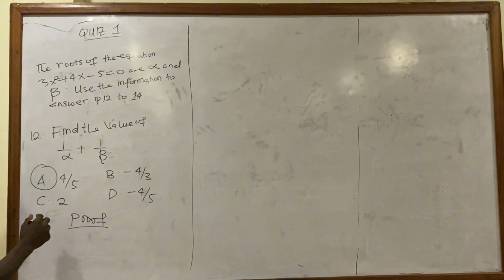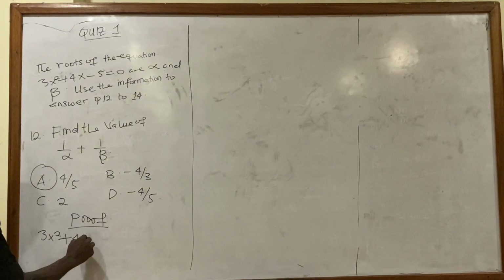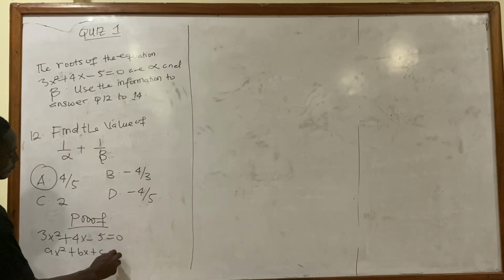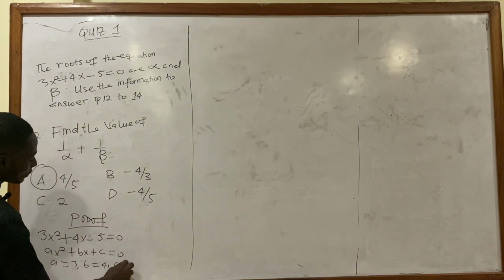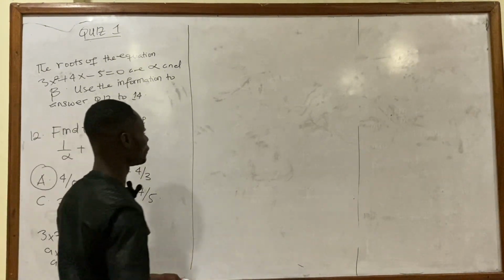So we were given a quadratic equation 3x squared plus 4x minus 5 equals 0. We compare this to the general quadratic equation ax squared plus bx plus c. From here we see that a is equal to 3, b is equal to 4, and c is equal to minus 5. Once we have obtained the values of a, b, and c, we can go ahead and find the sum of roots.